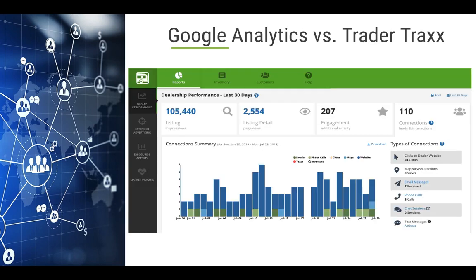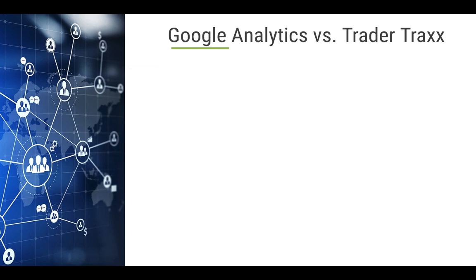Now let's compare the RV Trader Tracks with Google Analytics, for example. In Trader Tracks, we report the clicks to dealer website, and here you'll see 94 clicks, but the referrals report in GA was reporting 92 users referred from RV Trader, so close but not exact. Trader Tracks insights enrich the numbers that you're seeing in Google Analytics.